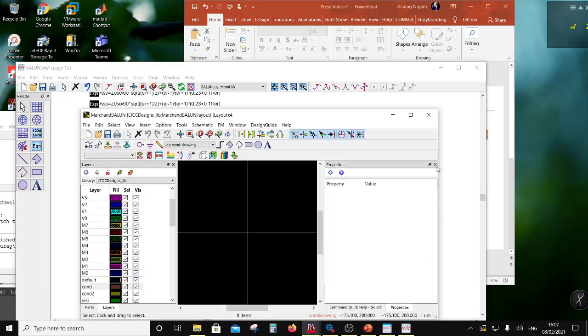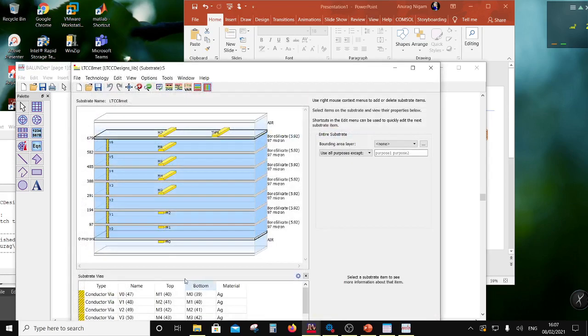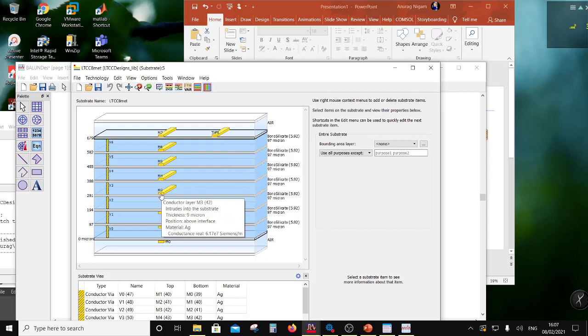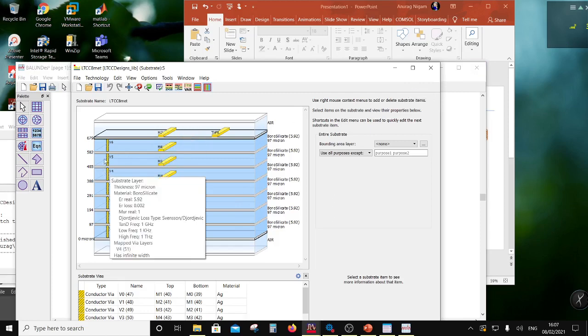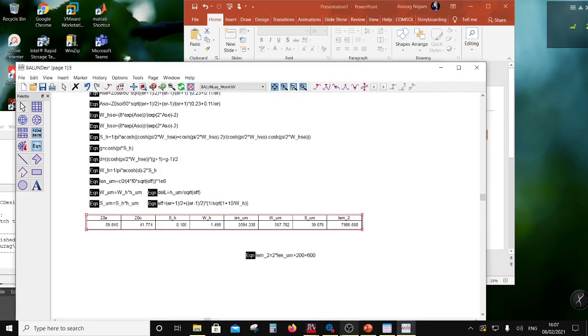In Momentum, I am going to draw it on M7, and by the way, this is 97, 97, 97, and 97. There are 4 of these which I'm going to use. M3 would be the ground, M7 would be the structure where I draw, and then I have VR6, VR5, 4, and 3 connecting them. So let's do that.